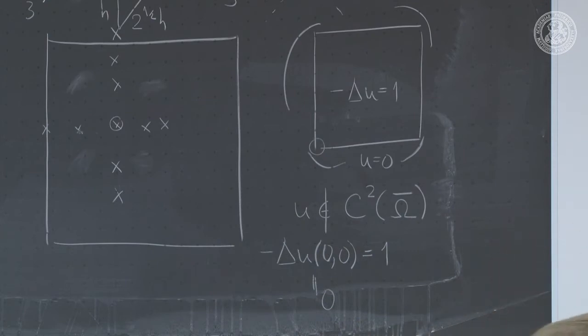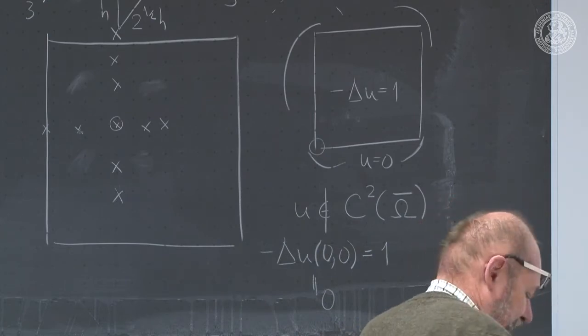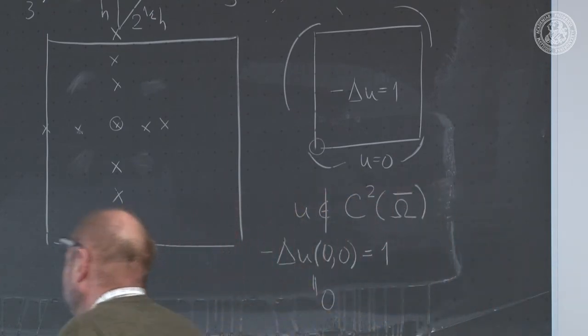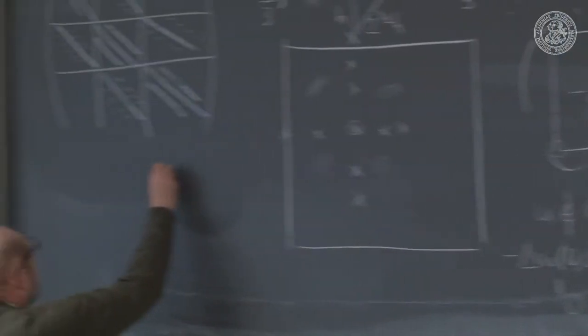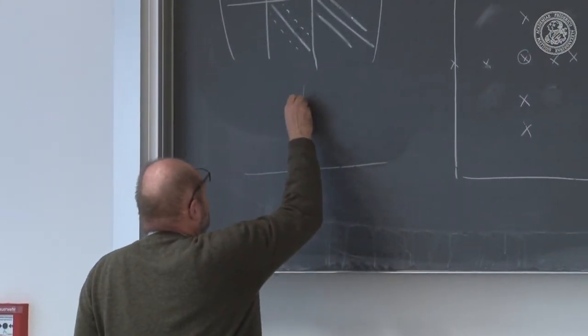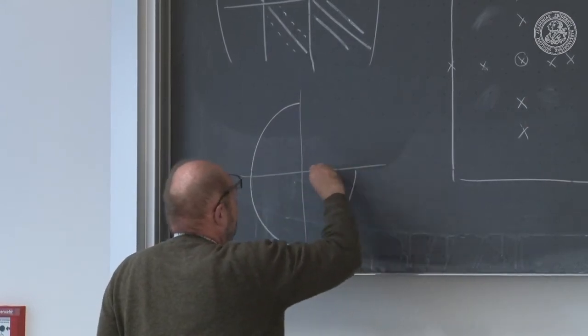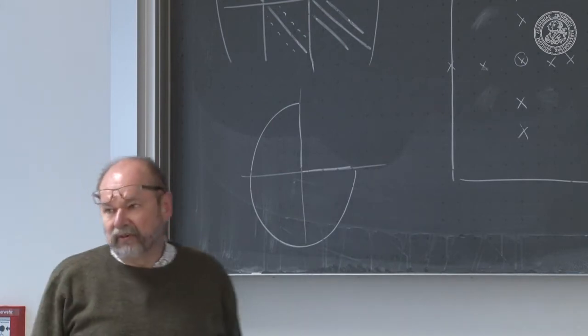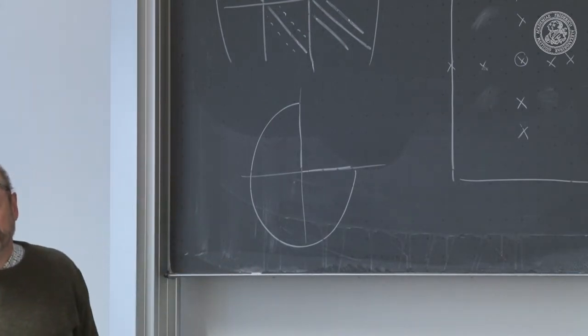And things can get worse if we have re-entrant corners. I've shown you already an example of this type. I take the circle, and I cut out the first quadrant. So this is omega bar, what I've depicted here.